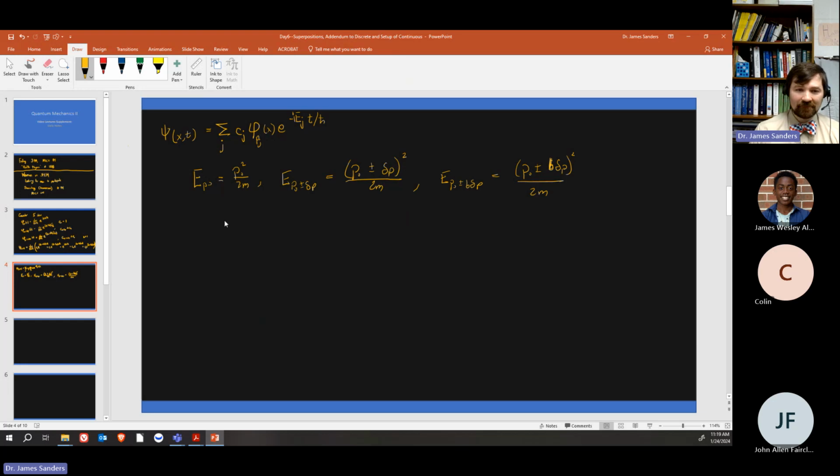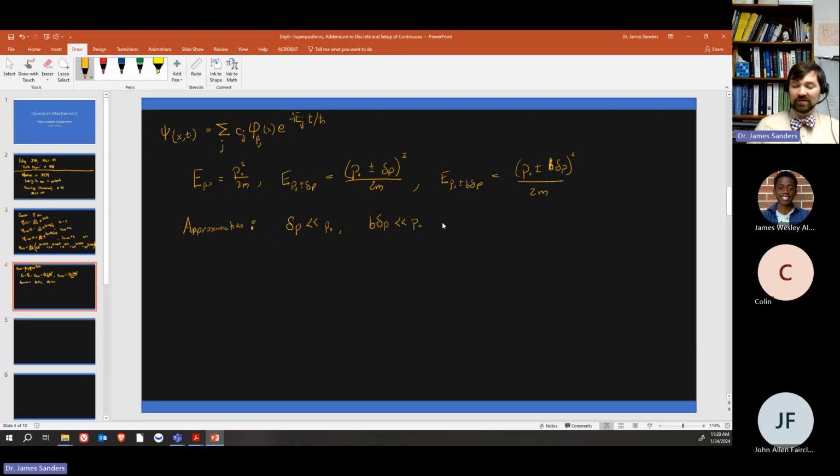And so again, we make the approximation wherein we assume these side peaks are not separated tremendously from the center. So in other words, delta p many times less than p naught, and B delta p many times less than p naught.